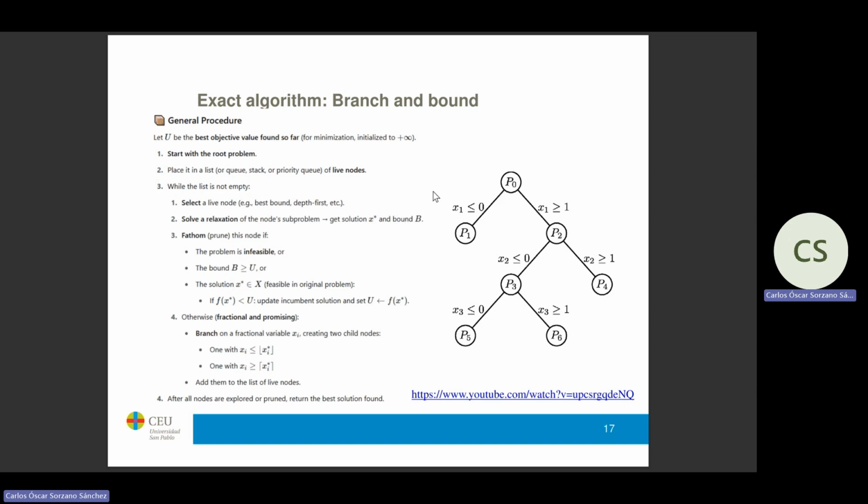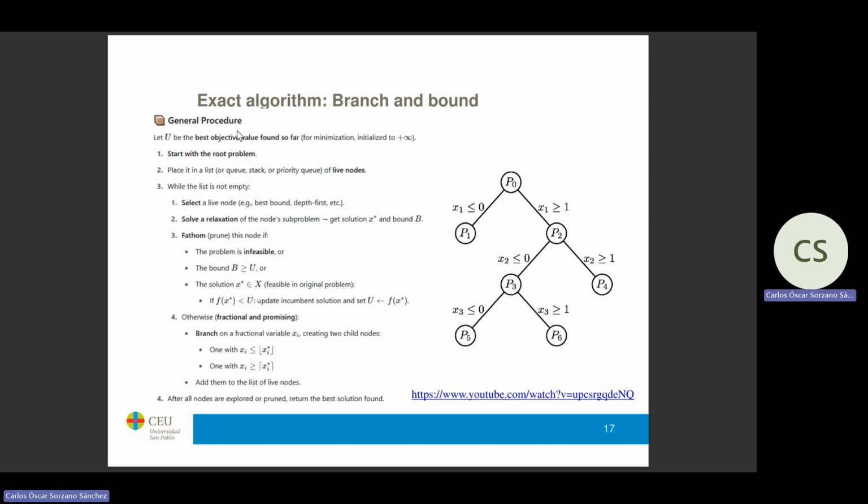And then there are multiple things here. So you stop that branch, so this branch is not continued, if the problem is infeasible, so there is no solution to this problem, or the bound is larger than the upper bound. The upper bound, I forgot to say here, is the best objective value found so far.